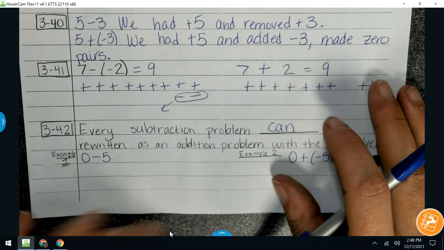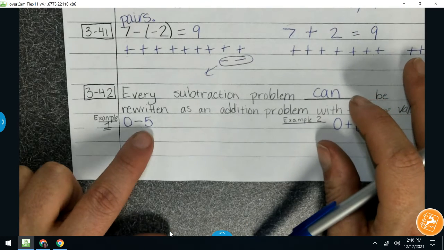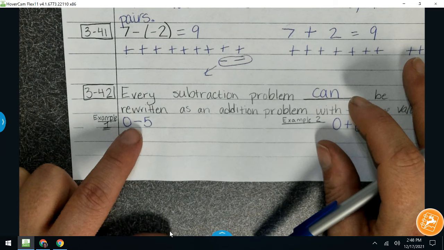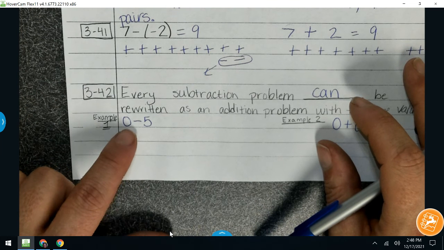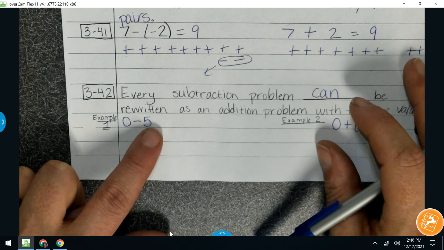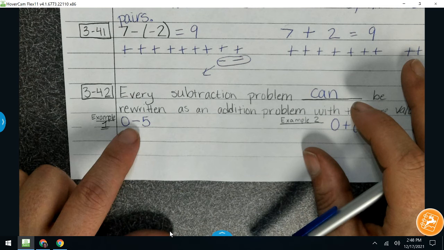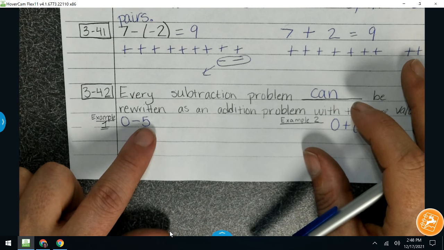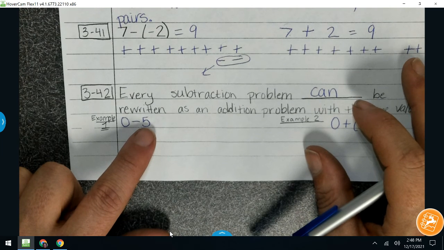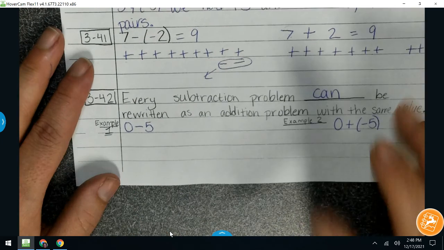So the first thing that I'm going to do is look at the expression. So we have 0, take away +5. So 0 removing +5. I don't have +5 to take away from 0. So what I need to do is add 0 pairs until I do have enough to take away.